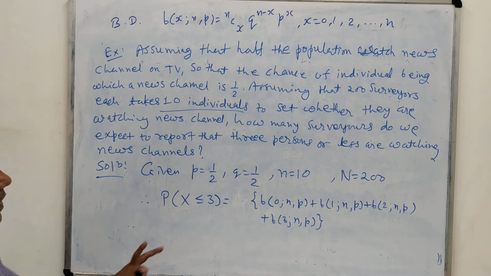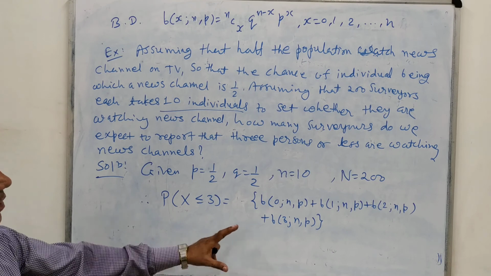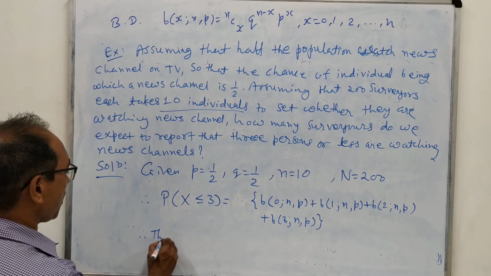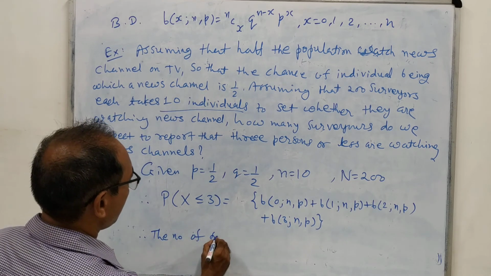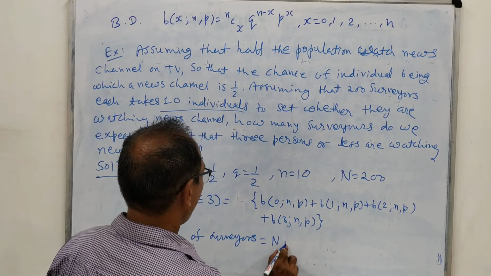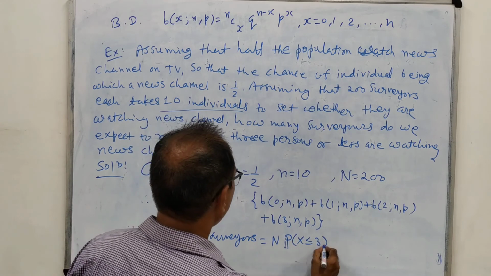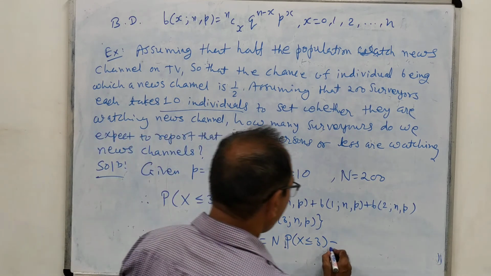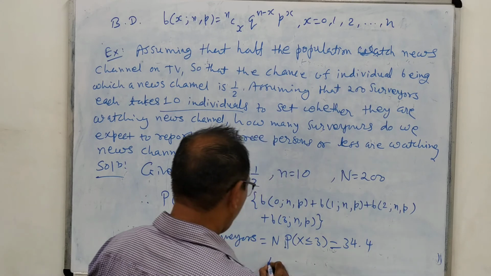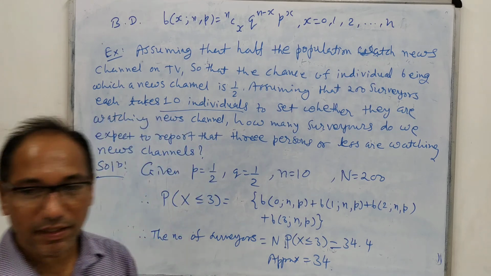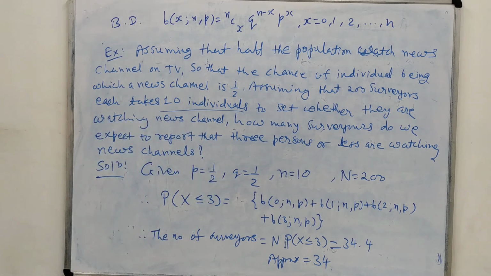Okay, so this can be obtained as per our last processes, and therefore the number of surveyors is equal to capital N into probability of capital X less than or equal to 3. That means you multiply 200 by this probability and you will get the answer, and this you will get as 34.4. That means approximately 34 surveyors, because we always take a round figure, because a person can be counted only in a round figure.